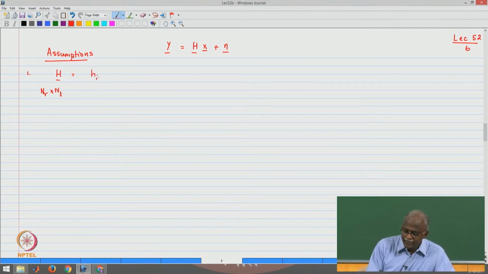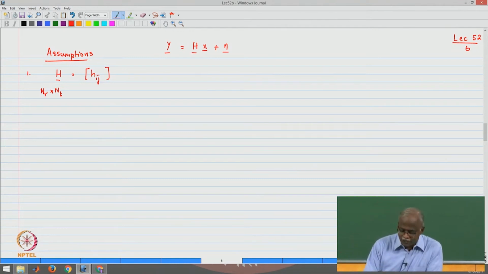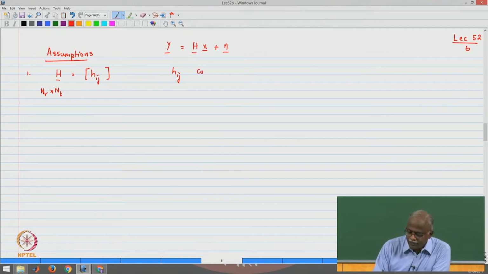It has elements Hij, they represent the complex gains between transmit antenna j to receive antenna i. So, Hij, the elements of the transfer matrix, these are complex values. Hij's are complex, they are also Gaussian, and they are zero mean.